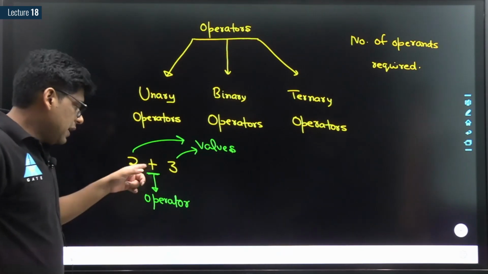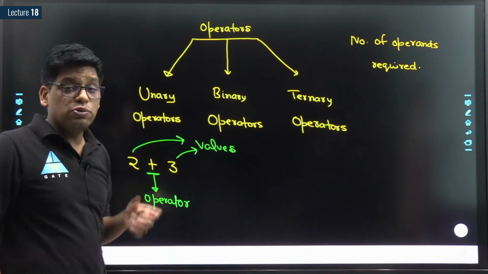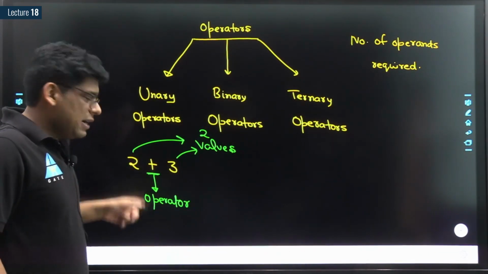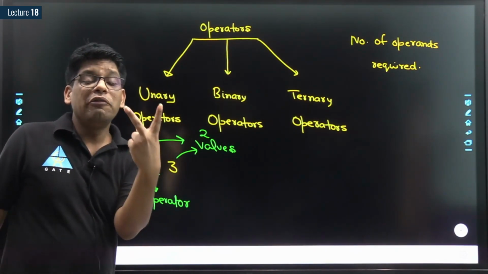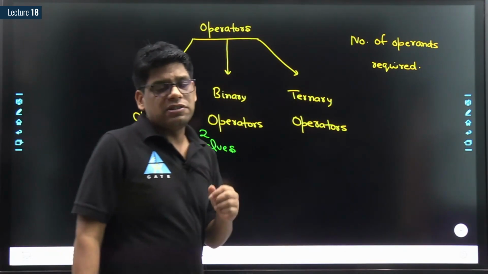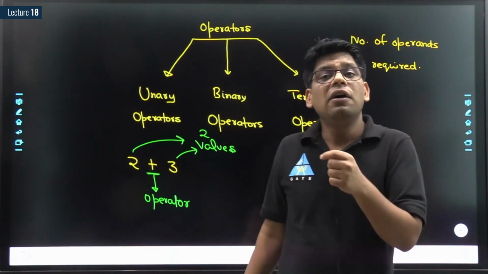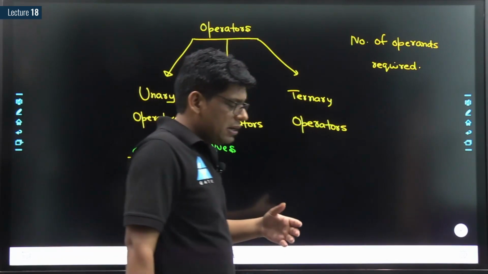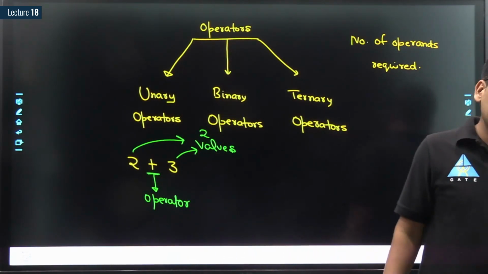How many values? Two values. So this plus requires two values. These values are said to be operands. The number of values an operator requires is said to be operand.